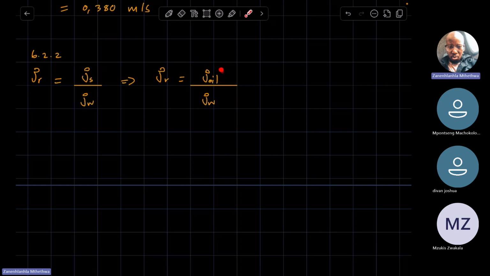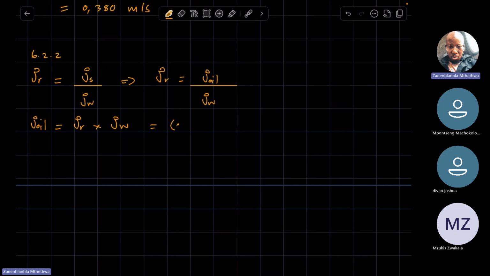So this is what we are looking for, the density of oil. To get this, you make it the subject of the formula. Density of oil is equal to the relative density of the substance times the density of water.